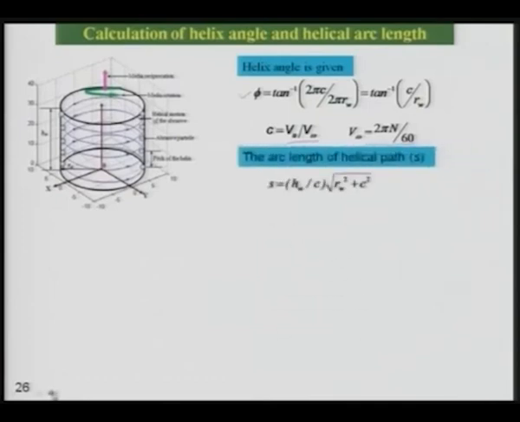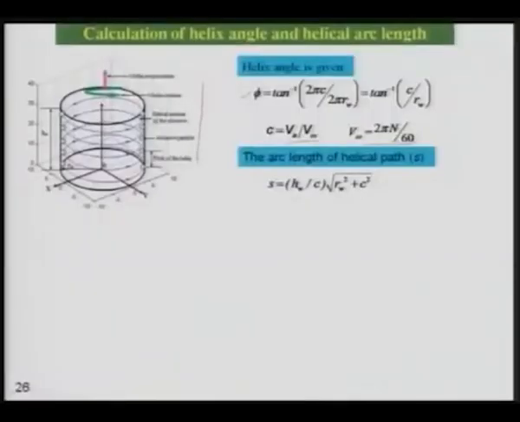The arc length, or the length being covered by the abrasive particle in RMRAF, is larger compared to the length being covered by the abrasive particle in the MRAF process. In the MRAF process, the workpiece is moving in a straight line, up or down, but in case of the RMRAF process, the workpiece is moving in the helical path like this.